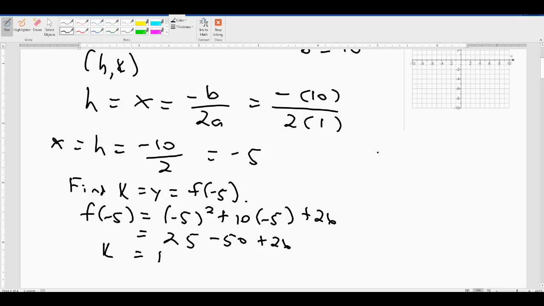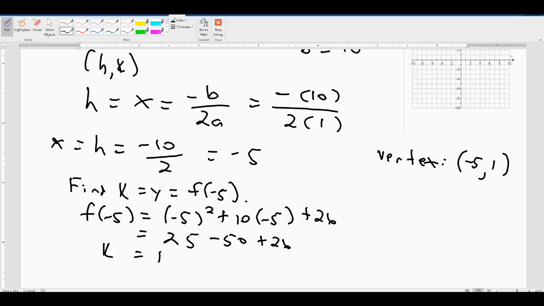Which means our vertex, I'm just going to write it over here, has an x value of negative 5 and a y value of 1. Not much better, but that is the vertex.